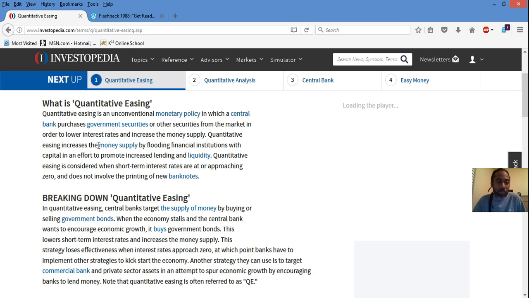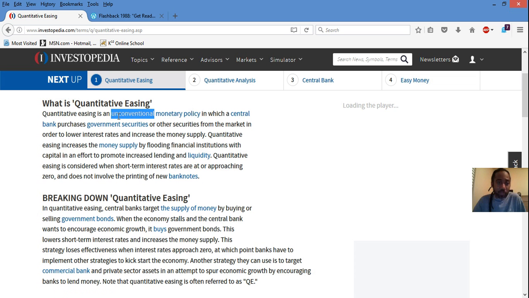Quantitative easing increases the money supply by flooding financial institutions with capital in an effort to promote increased lending and liquidity. Quantitative easing is considered when short-term interest rates are at or approaching zero, and does not involve the printing of new banknotes. Now, if you really listen to what it's saying on this, it's unconventional, first of all.